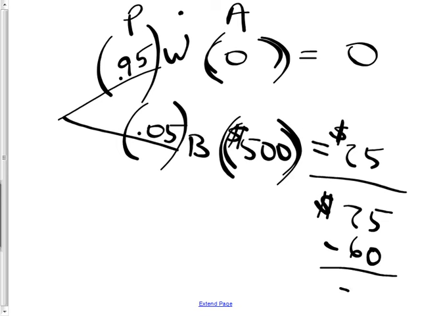Now I'm losing money. Is that normal? Yeah, that's when you buy stuff. Usually they make a profit and you lose money. So 25 minus the 60. Let's see. 25 minus 25, 30, 35? Okay. So what is that? I expect to lose $35 on average by buying that warranty.